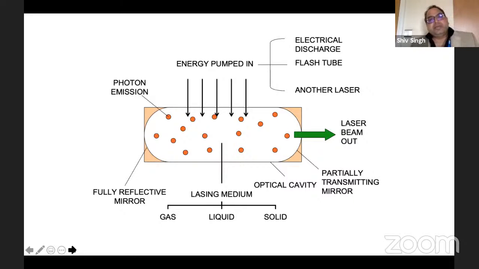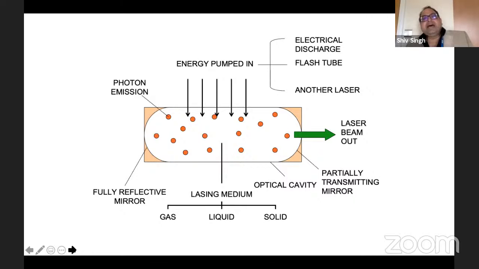So if you look at a laser, it consists of a tube, and this tube has a fully reflected mirror on one side and a partially reflective mirror, that is, it's got a hole for the laser beam, on the other side. And this is filled up with a lasing media, and this lasing media can be gas, liquid, or solid.